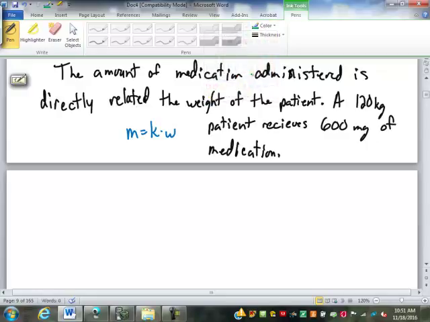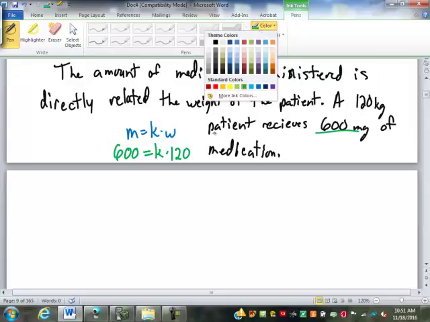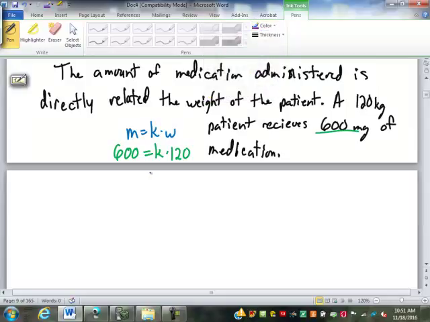So now that's telling us the medication is 600 when the weight is 120 kilograms. So now we can divide by 120. 600 divided by 120 is 5. That's telling us our constant is 5.